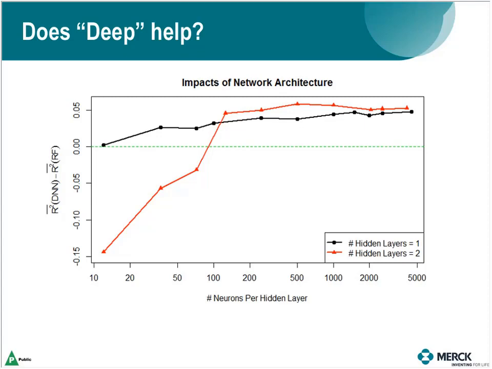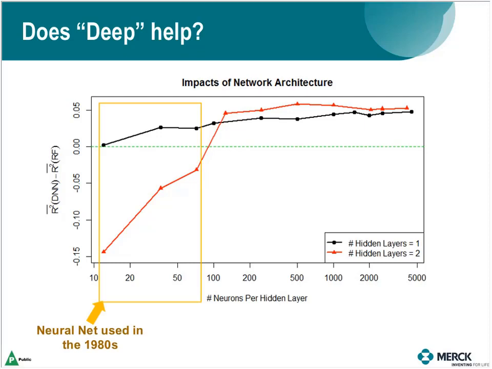So what we can see here is that this area is what people were doing in the 80s. People in the 80s did not have the computation power to have very wide hidden layers, so they focused on narrow hidden layers. They only focused on 1 hidden layer because with 2 hidden layers they frequently ran into the local minimum issue.